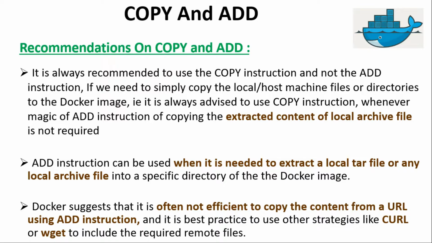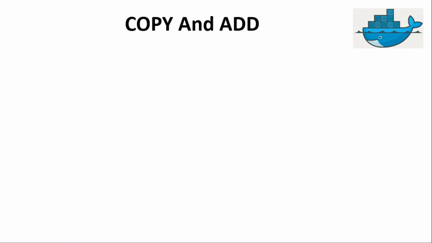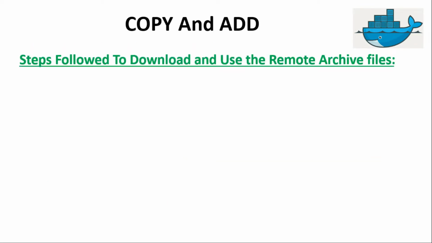So now let us see how the Docker image size can be reduced by avoiding the usage of the Dockerfile ADD instruction. So friends, the usual way we download and see the content of remote archive files in the local system basically happens in 3 steps.